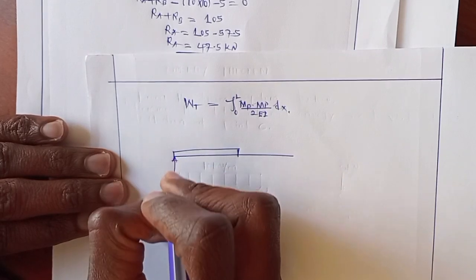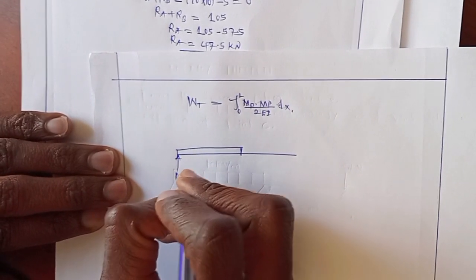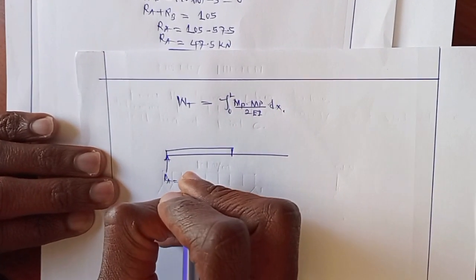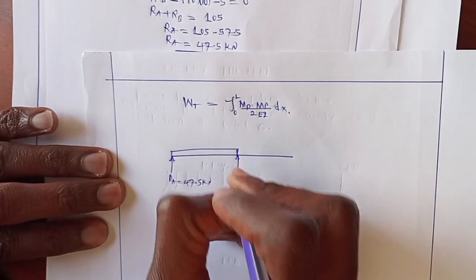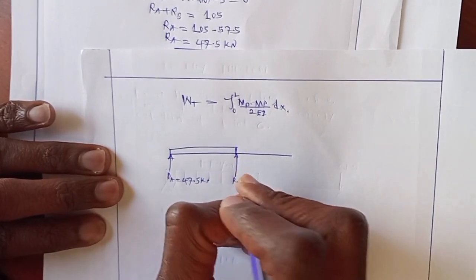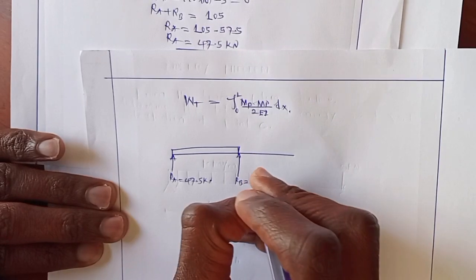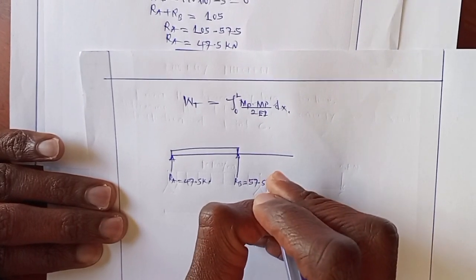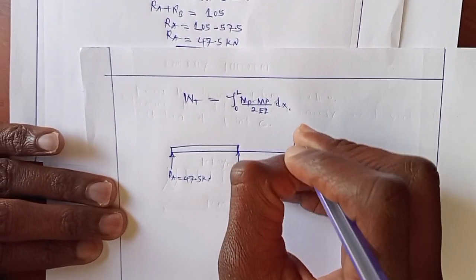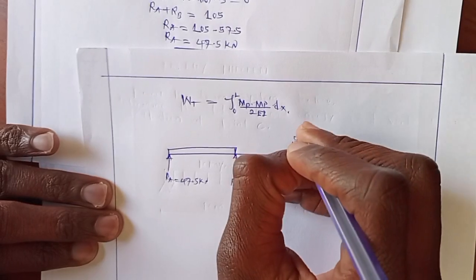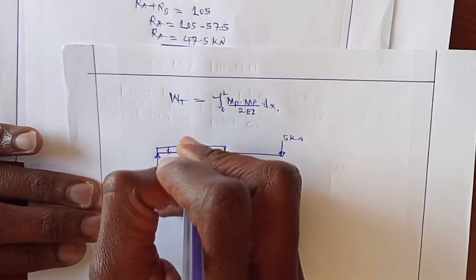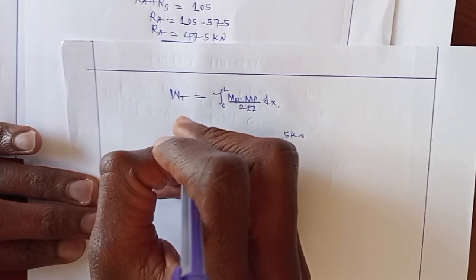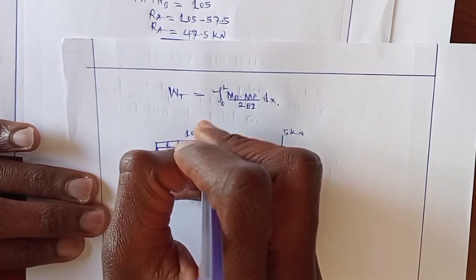This is RA. RA was 47.5 kilonewton. RB was 57.5 kilonewton. Here was 5 kilonewton. This was one uniformly distributed load, 10 kilonewton per meter.